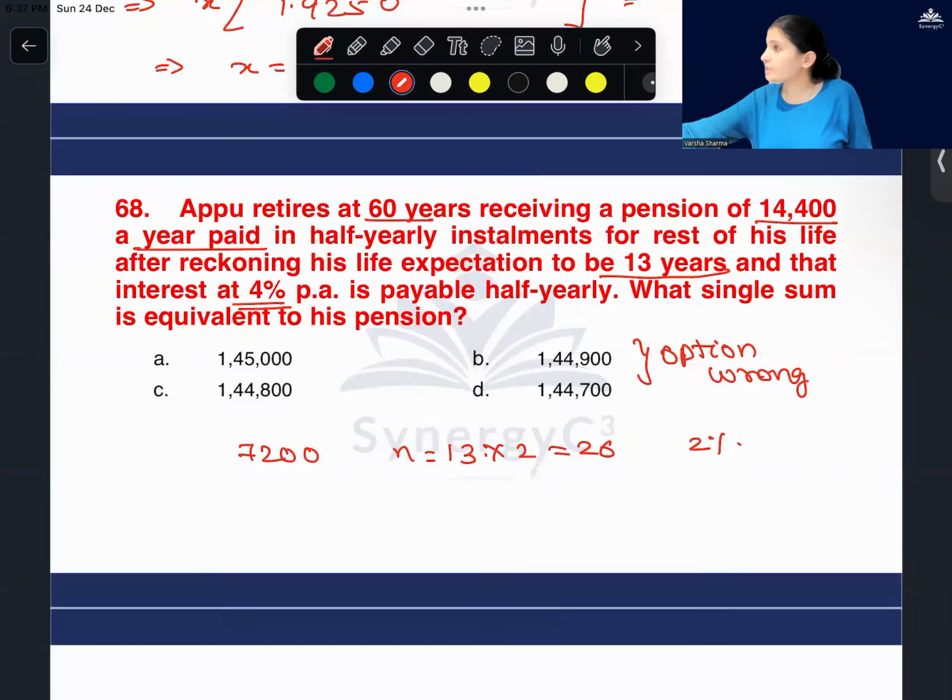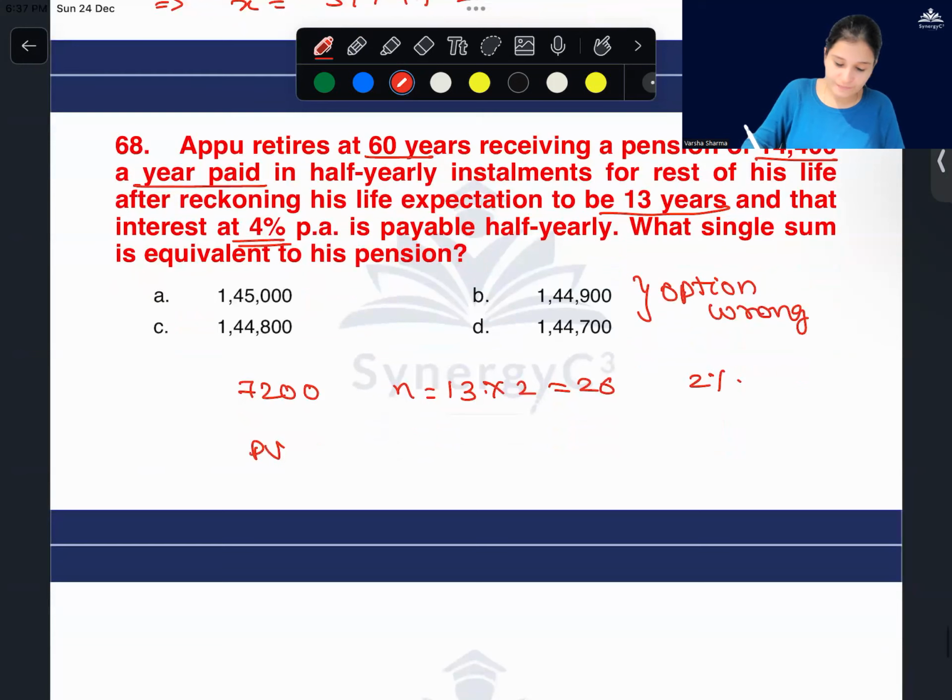So what I want to know is what will be the total equivalent sum of my pension today, because the future I'm already going to get. So what they want to know is, when the pension that I'm going to get for a period of 13 years, half yearly an amount of 7,200, what will that accumulate as a whole today? Clear? So find out what is the present value of this.